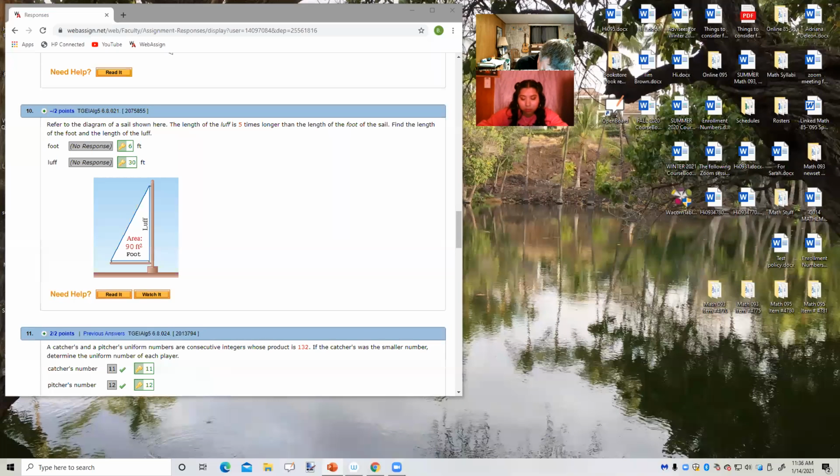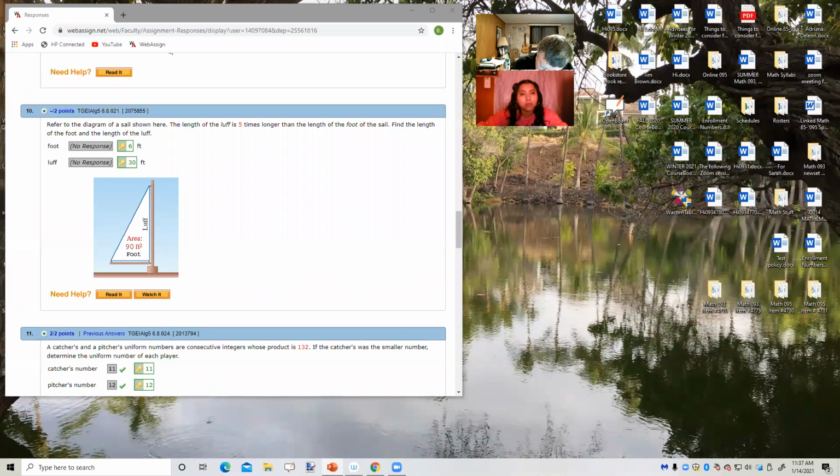So if the foot is x, the luff would be 5x. Okay, now we're dealing with a triangle and the area of the triangle. Area of a triangle is 1/2 the base times the height. We're told that the area is 90 square feet. The base would be the foot in this case, so that would be x, and the luff would be the height, and that would be 5x.